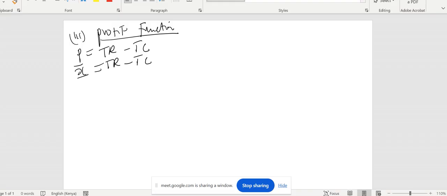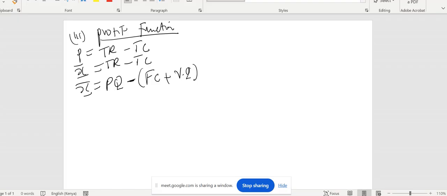Okay. So profit is equal to, you remember what is our total revenue? Total revenue we said is PQ from total revenue function. Very good. Minus TC, total cost we say fixed cost plus variable cost times quantity. Remember that. Don't forget variable cost times quantity, because variable cost depends on quantity.